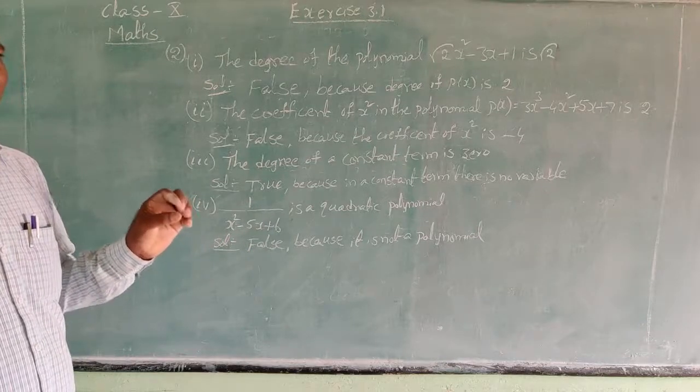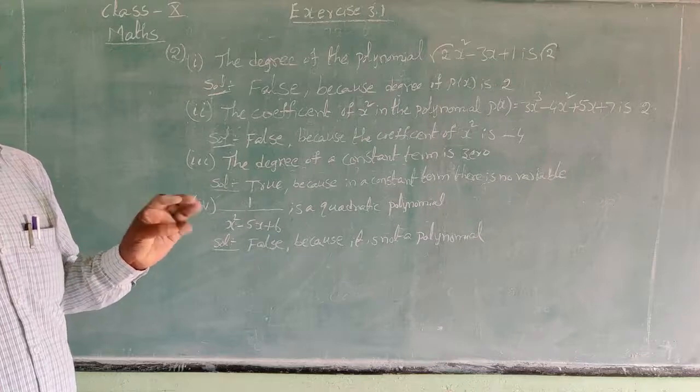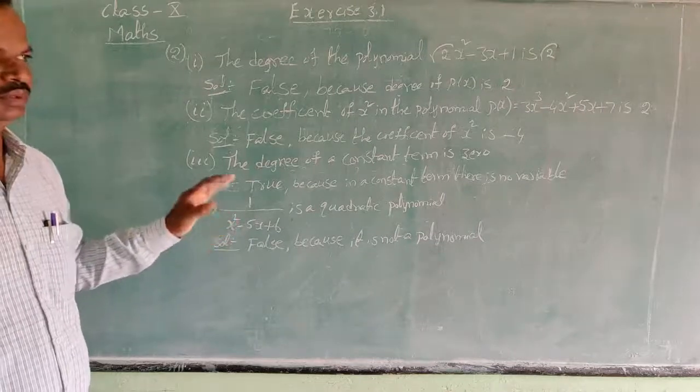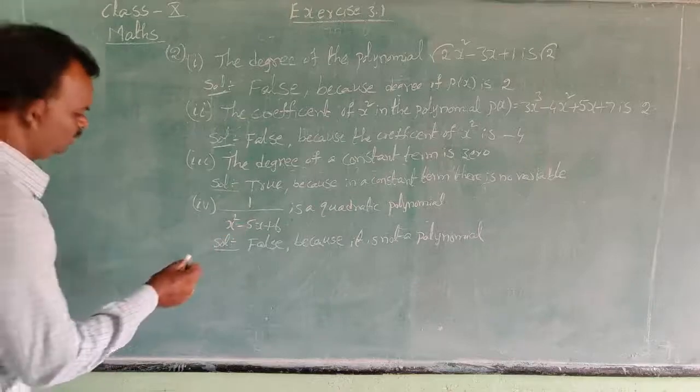In any polynomial the exponents are non-negative. Here the exponent is negative, so it is not a polynomial.